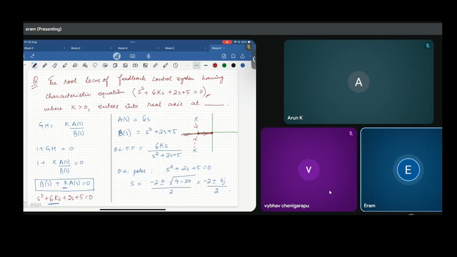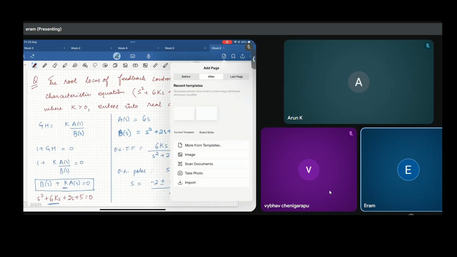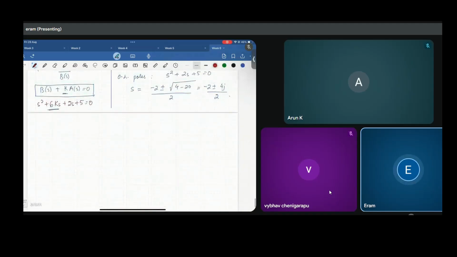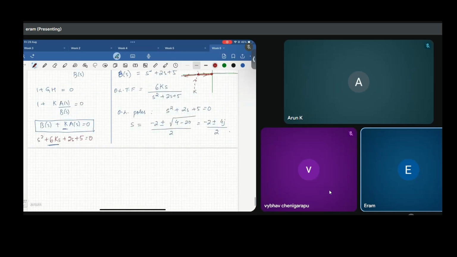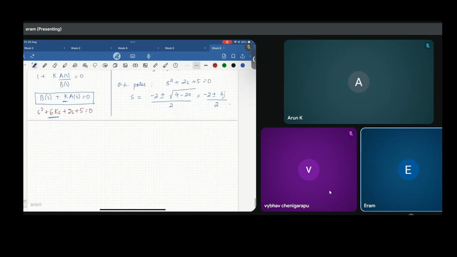So we need to find out the break-in point for this system, and that is the point where the root locus will enter the real axis. So the problem simplifies to finding the break-in point, and for that we have already found A and B, so we need to find B dash A minus A dash B again.